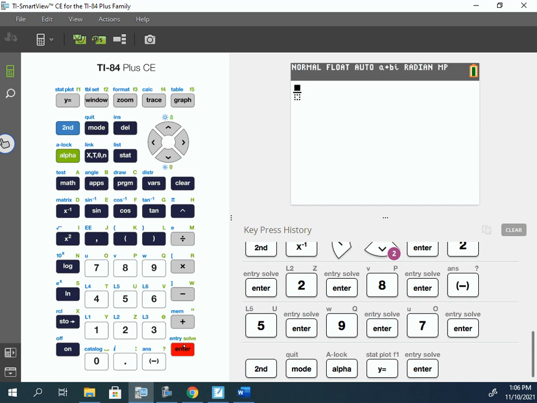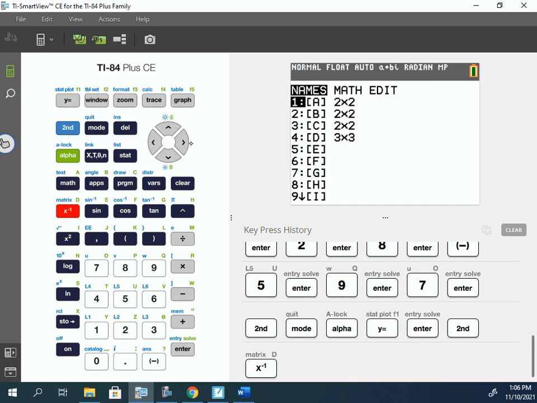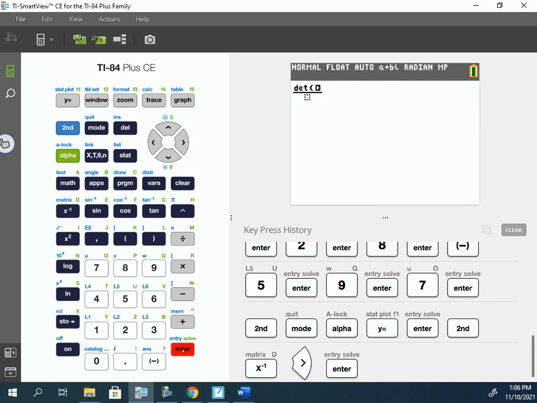And what do we want on top? We want the determinant of A, yes, for x, because that was our top. So we go second matrix over to math and get determinant. And then we'll need second matrix A. So it'll take the determinant of matrix A.